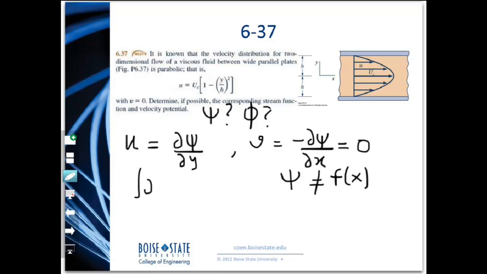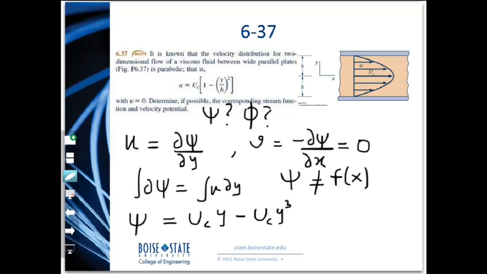So we do the integral of u ∂y. I'll let you do this integration since you know u. So just substitute in there and find the integral. You'll end up with u_c y minus u_c y cube over 3h square plus a constant.